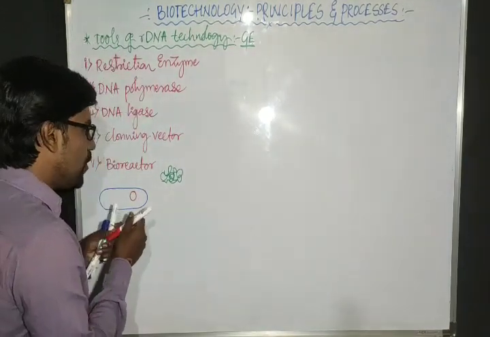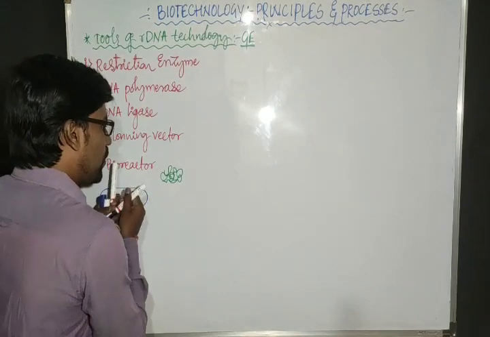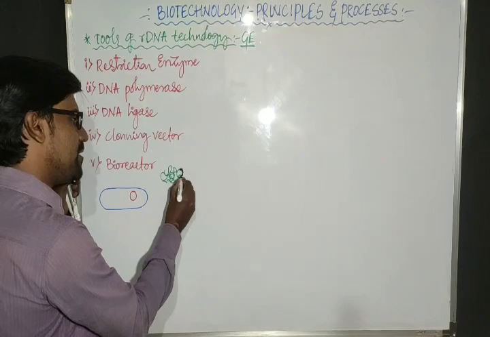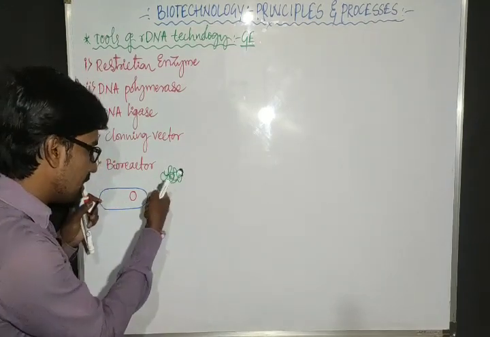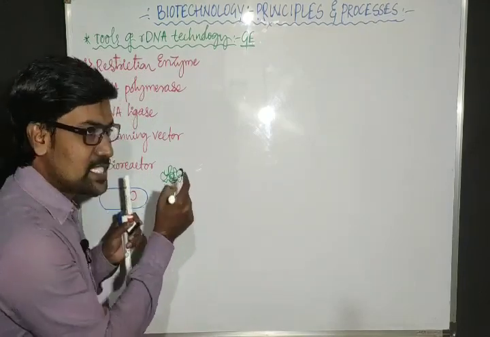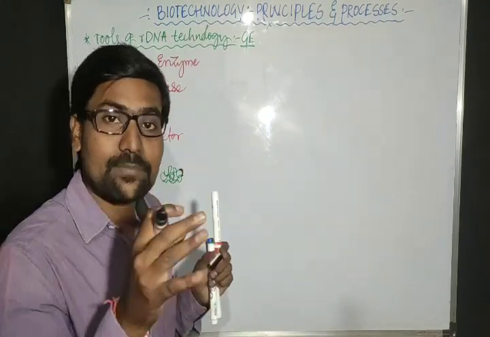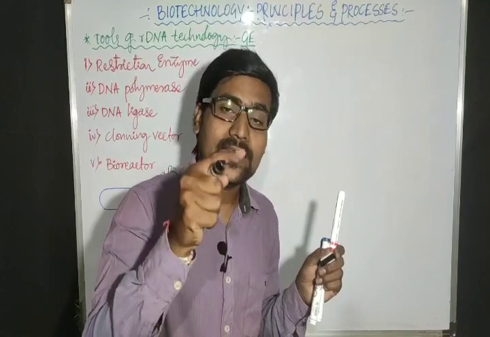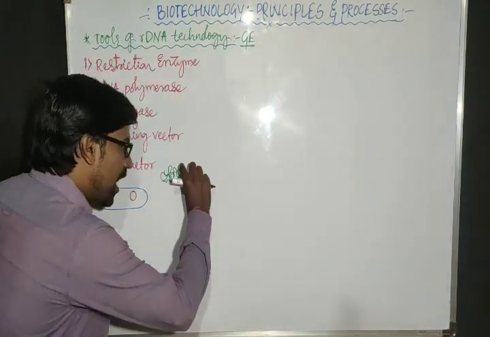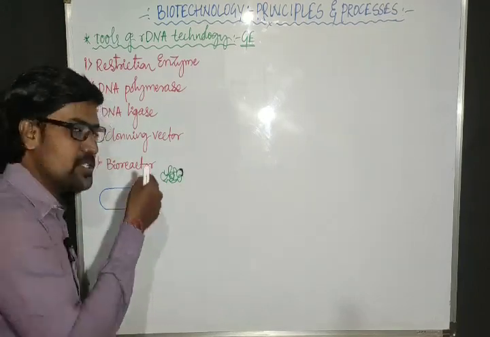In this DNA, one special gene is present, any one gene, whatever it might be. We need to introduce this gene inside this bacterium. Why? This gene expresses one character, that means it is going to produce one product. We want to produce that product from this bacterium. Hence, we have to cut this gene and introduce it into the bacterium.